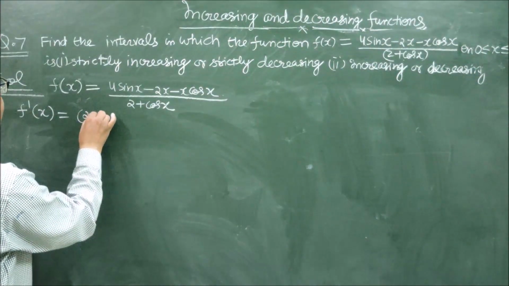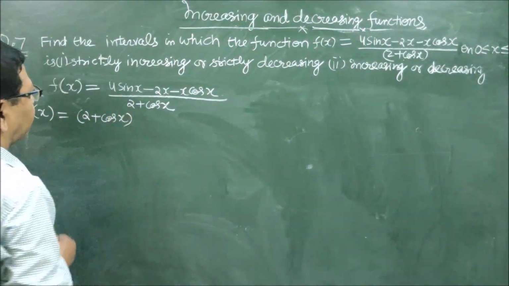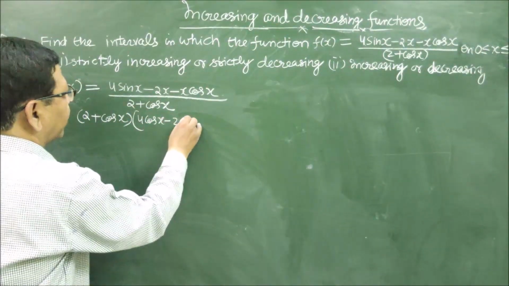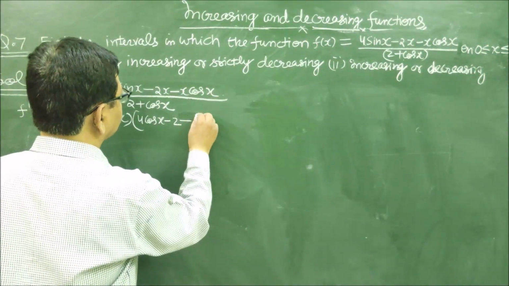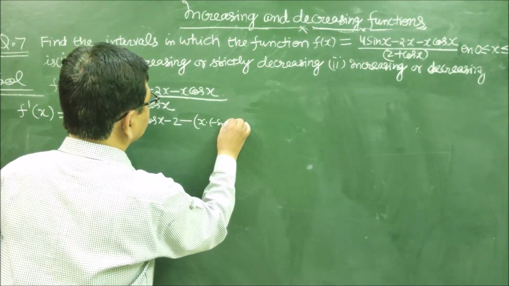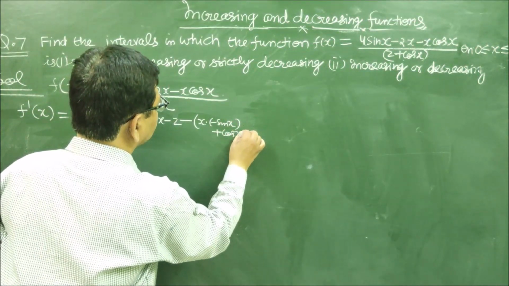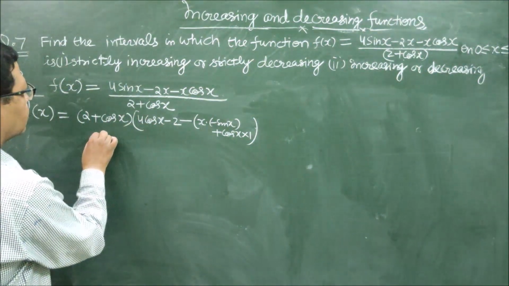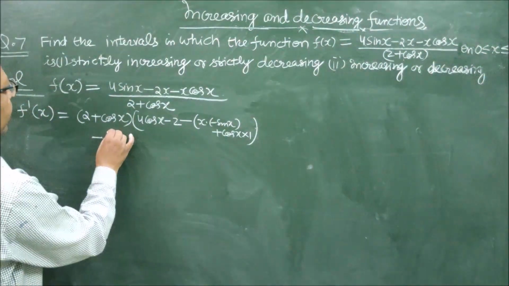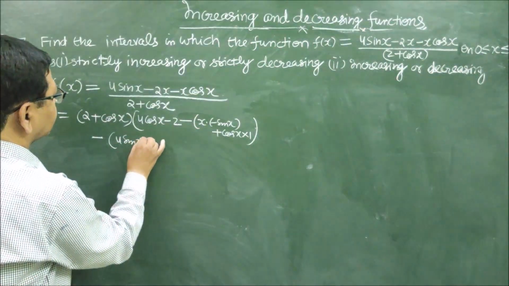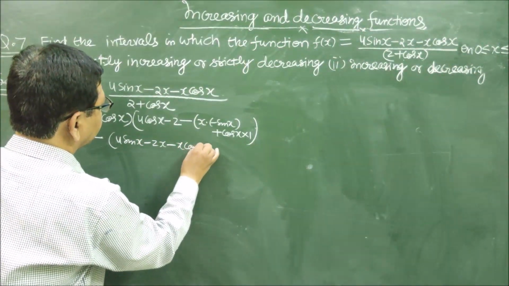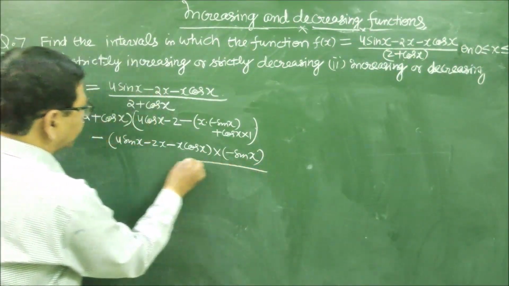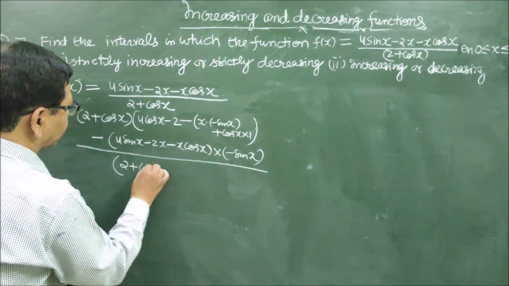Denominator is 2 + cos x into the differentiation of the numerator, that is 4 cos x − 2 − the derivative of x cos x, which is x into −sin x + cos x into 1, minus (4 sin x − 2x − x cos x) into the differentiation of 2 + cos x, that is −sin x, divided by (2 + cos x) whole square.